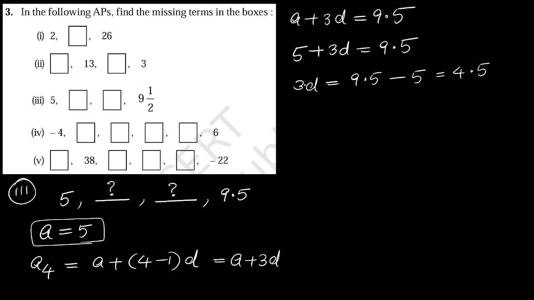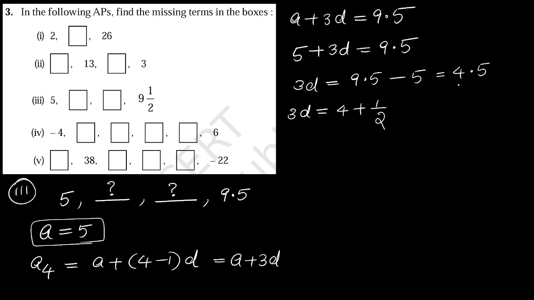So 4.5 divided by 3, you will not be getting a good answer. So do one thing. This is not an important step. 4.5 is actually 4 plus 0.5, or 4 plus half. Let me write it as a fraction.